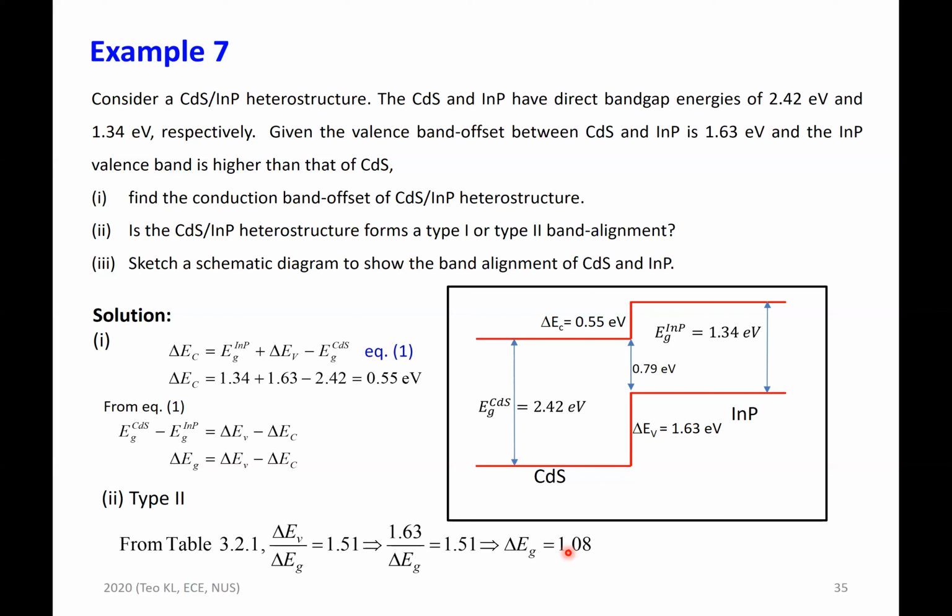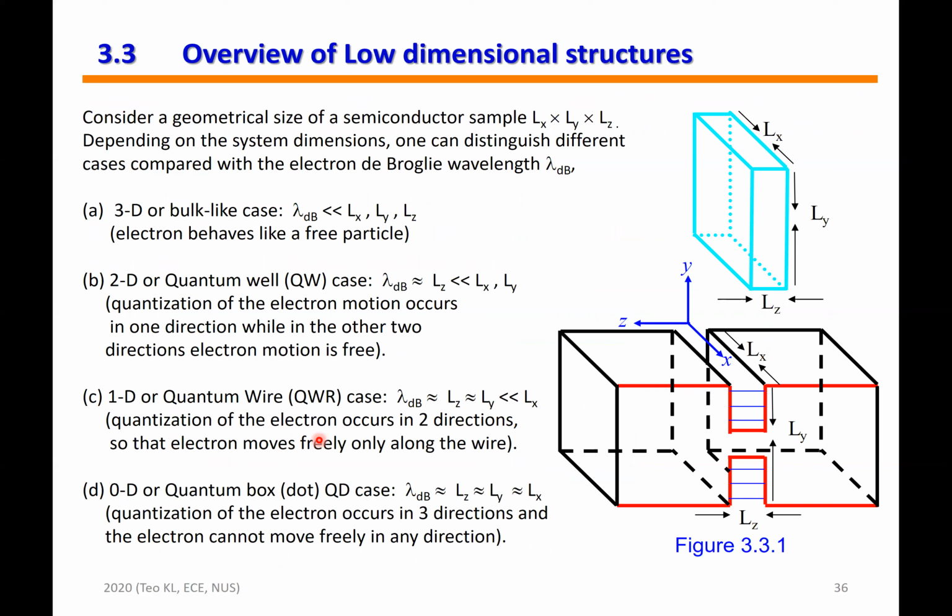However, in this case, this is a type 2 band alignment. So it's no longer delta EC plus delta EV, but delta EV minus delta EC. You can do that by intuition. We'll stop here. In the next session, we'll discuss the overview of low dimensional structures.